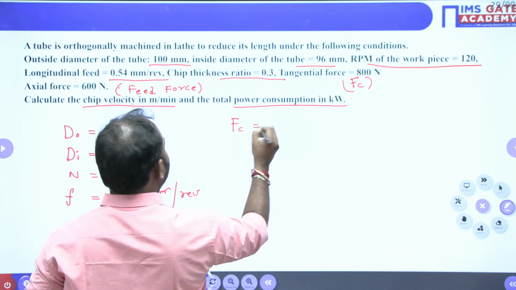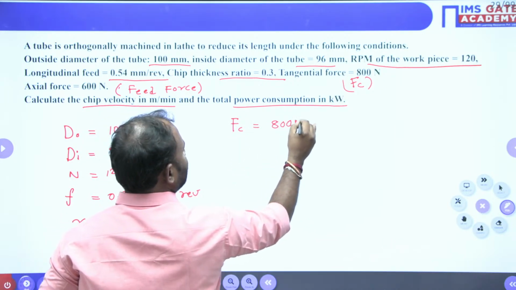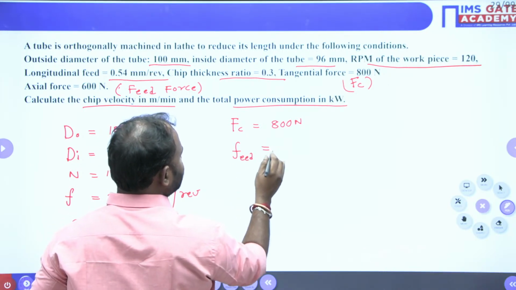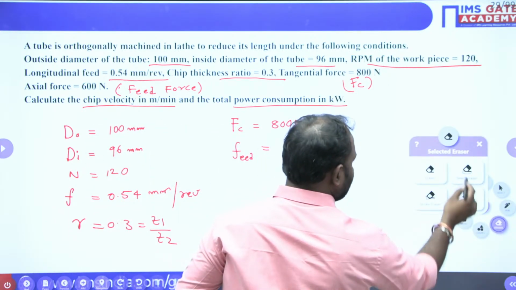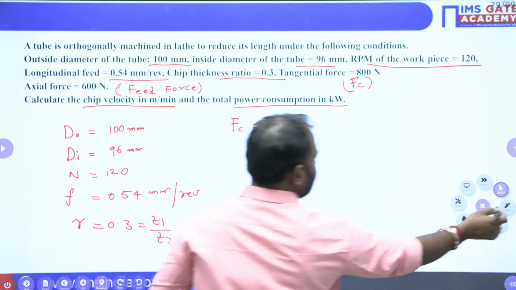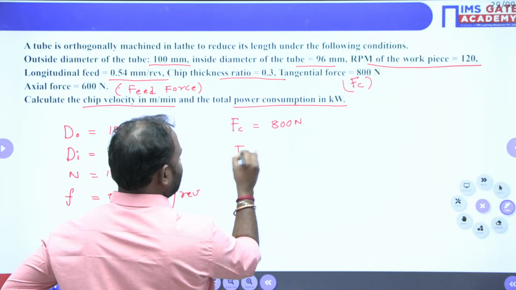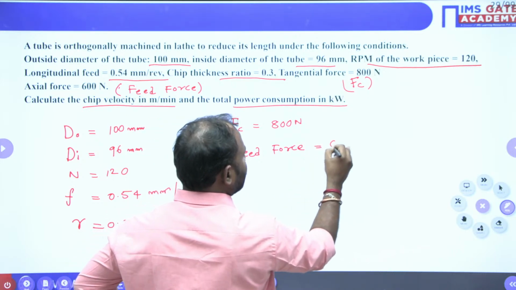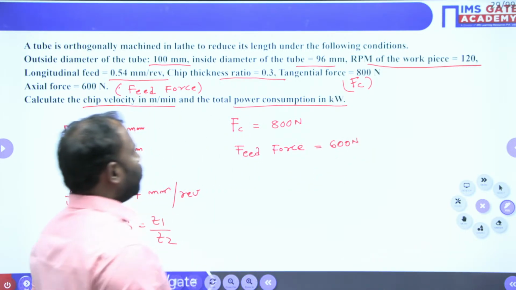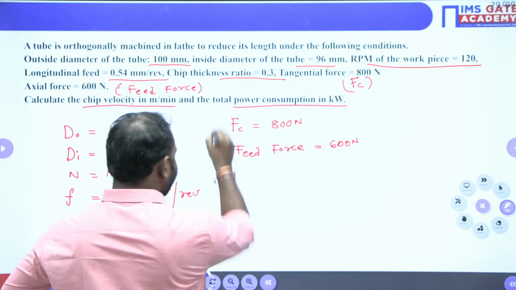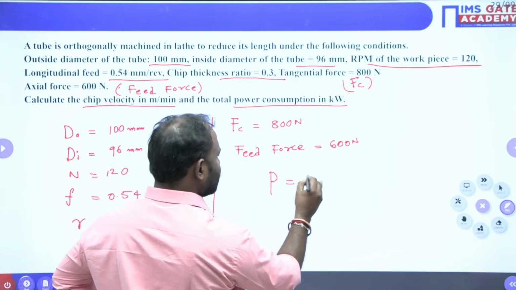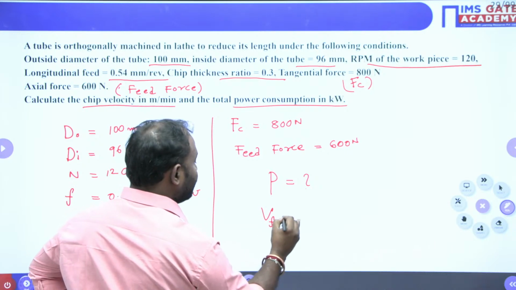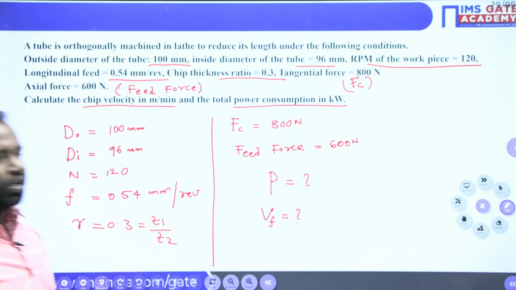Cutting force FC is 800 newtons, and feed force, that means axial force, is 600 newtons. Now what we have to find: power, and also chip flow velocity VF.